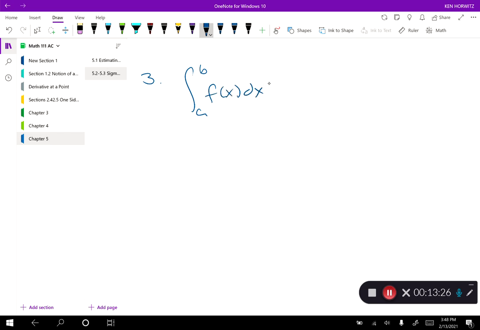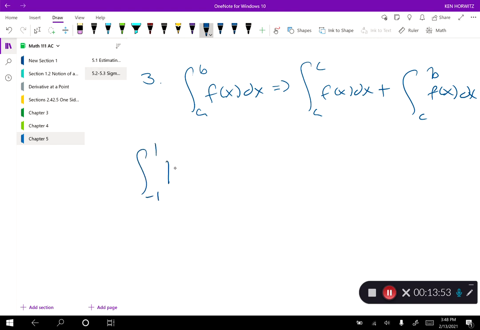Either we don't have a smooth curve, or we have some problem with continuity. What I can do is I can break up my integral to go from a to c, f of x dx, plus the integral from c to b, f of x dx.